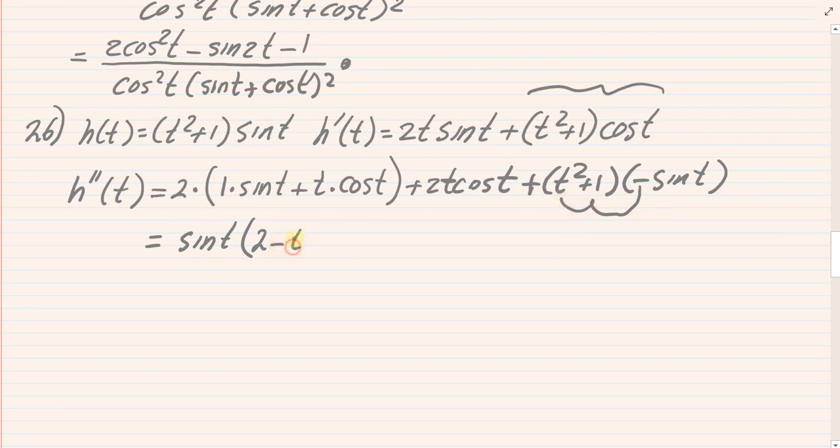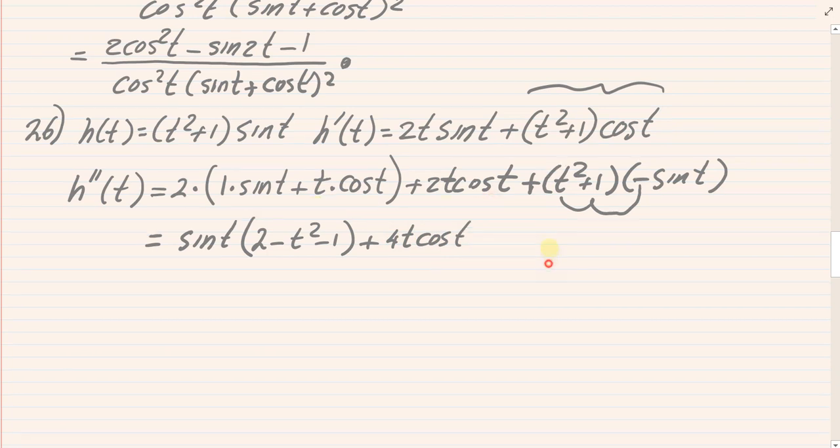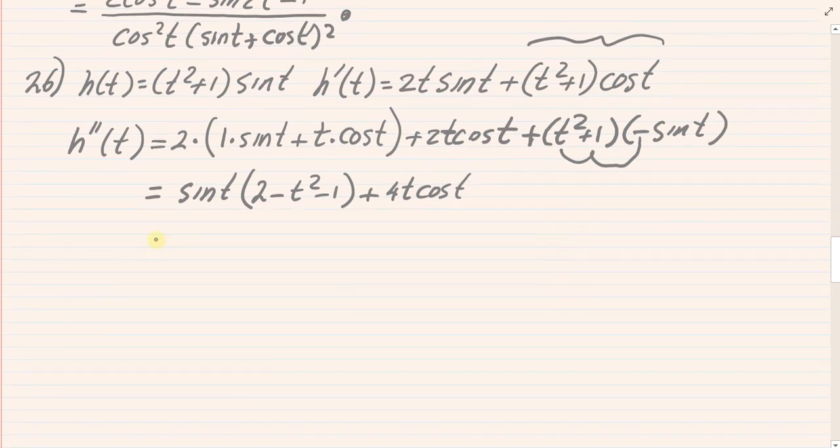We get negative t squared minus 1, right? And then on cosine t, well, we have 2t cosine t, and 2 distributes to t cosine t gives me another 2t cosine t for a total of 4t cosine t.